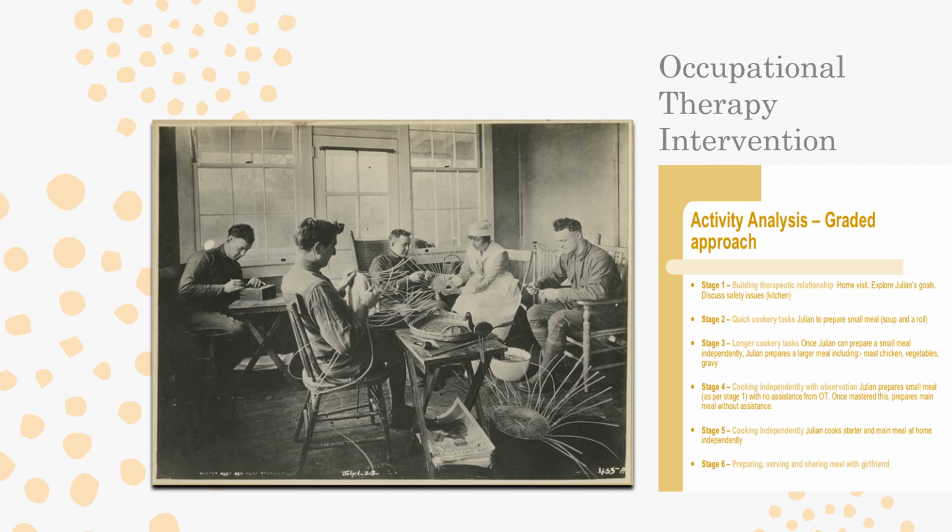Another example in occupational therapy intervention is how we use activity analysis and grade our activities. In this example, Julian wanted to make a meal for his girlfriend, and the therapist broke down the steps and the goals and worked up to the point of preparing the meal for his girlfriend.